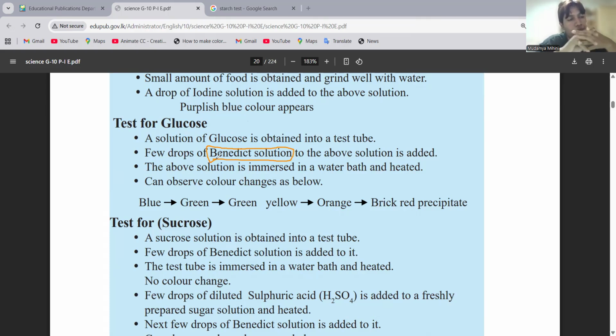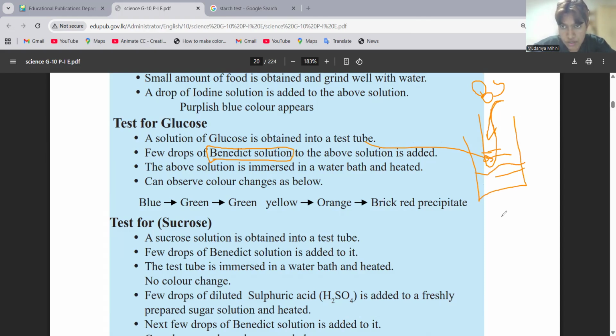Imagine this is the test tube and this is glucose, and we add Benedict solution, I'm going to write BS. And then we keep it in a water bath and heat it.